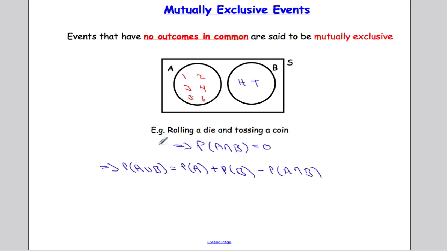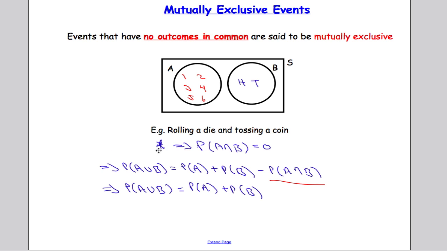So if we apply this fact to the addition rule, that means when we have two mutually exclusive events, the probability of A union B is simply just the probability of A plus the probability of B. And that's because A intersection B is 0.